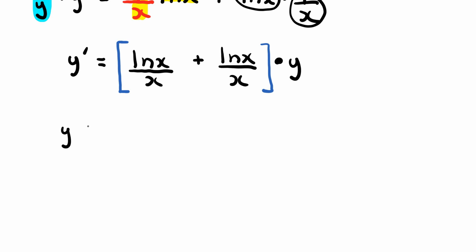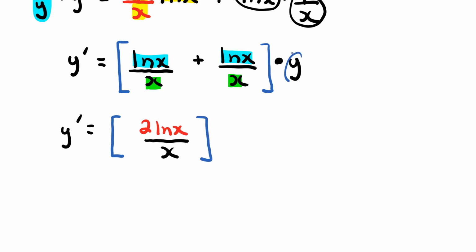And then finally, since you have the same denominator here, a common denominator, you can add the fractions. The denominator stays the same when you're adding fractions, and if I add the numerators, ln x plus ln x is going to be 2 ln x. Close the bracket. And then ask yourself, what is y equal to?